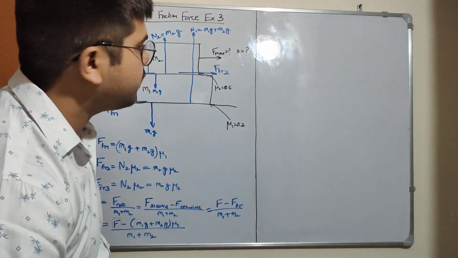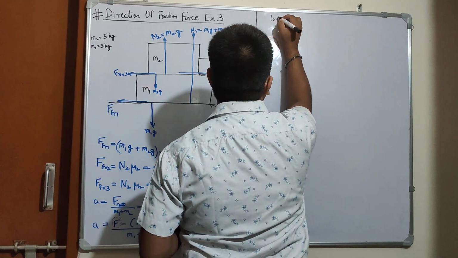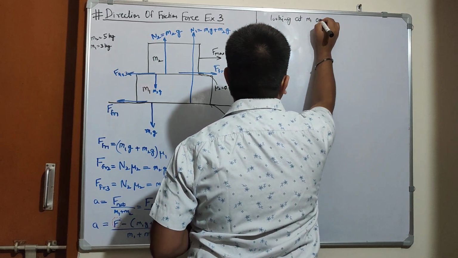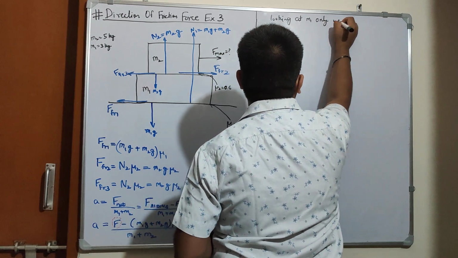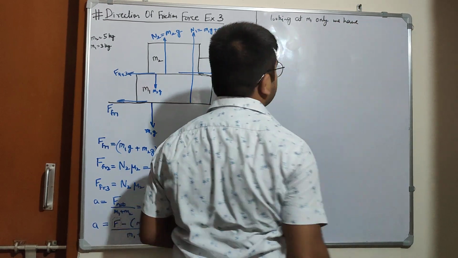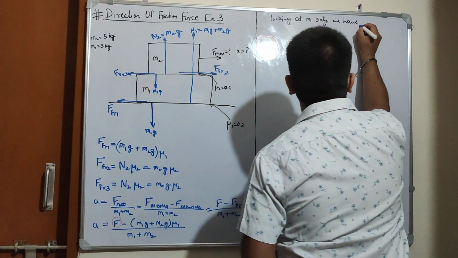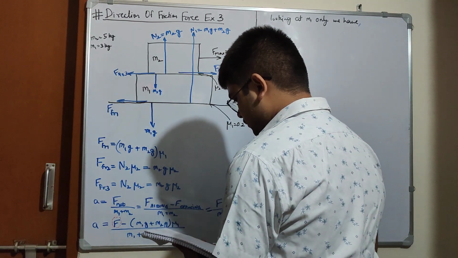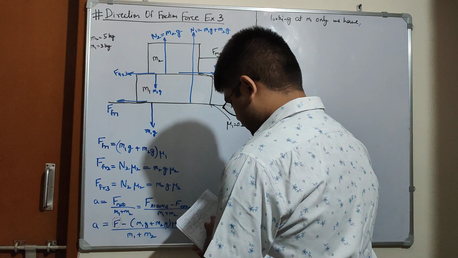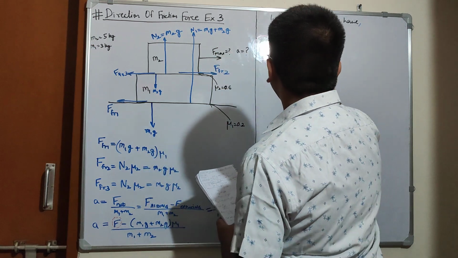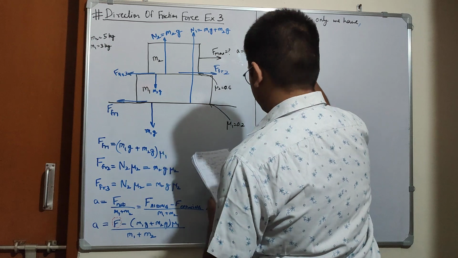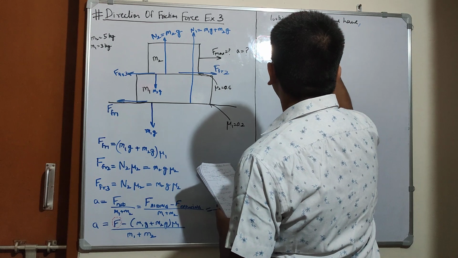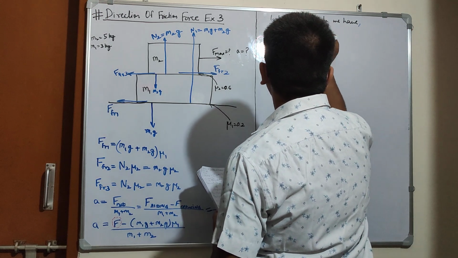So looking at m1 only, acceleration a equals F net on m1 by m1.